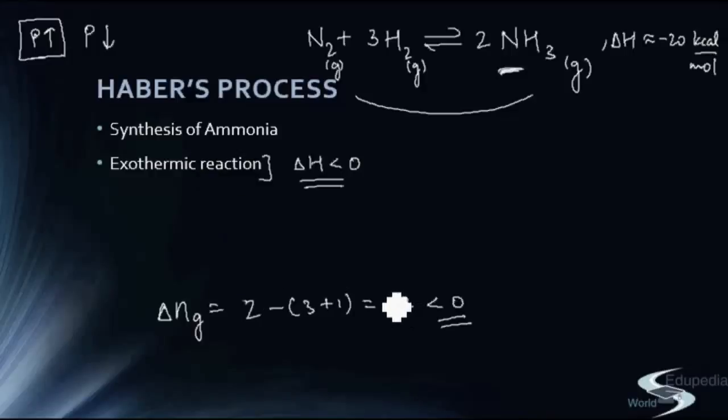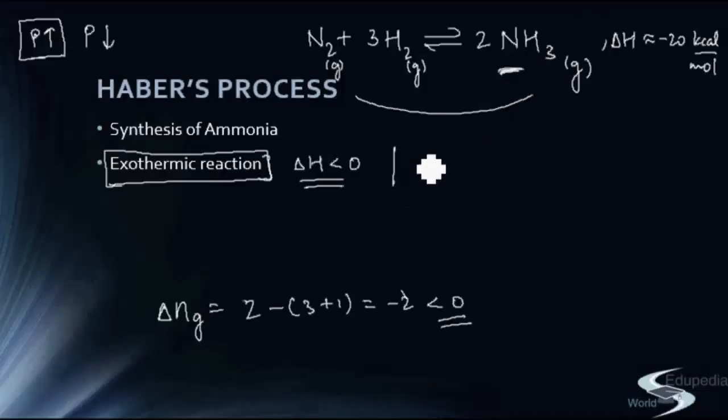We have already seen this effect of pressure on chemical equilibrium. So for Haber's process, high pressure will be preferred so that more and more ammonia can be formed, because delta Ng is less than 0. Whereas if you look at the exothermic part of the reaction, that is, delta H is less than 0, we realize that this reaction releases heat upon forming ammonia gas.